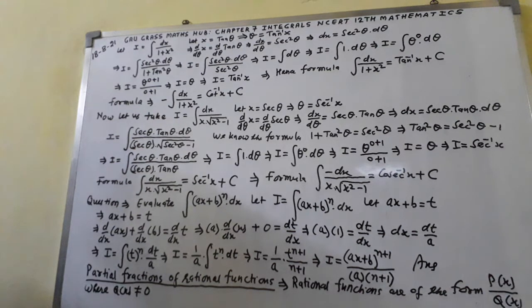This is the theorem on rational numbers. So from rational numbers I have taken rational functions and their partial fractions. So qx must not be 0.